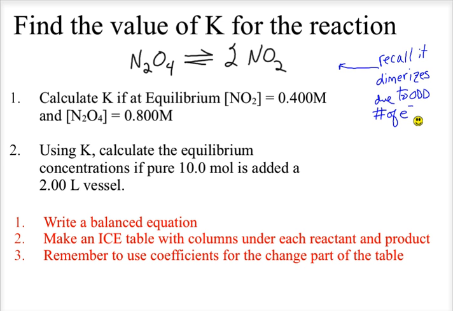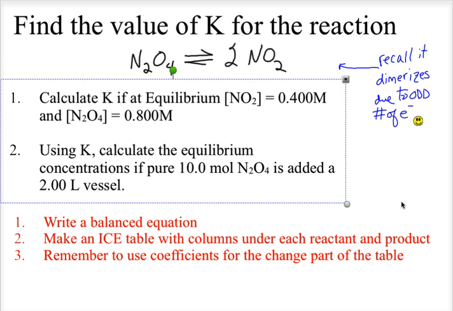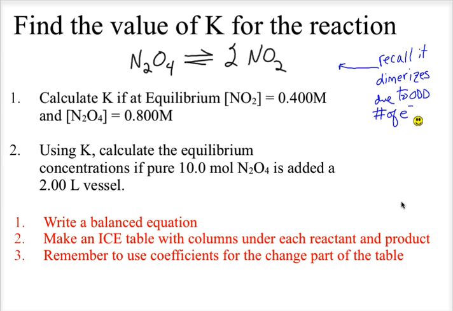All right, now we have a new problem. This problem is an example of calculating K from equilibrium data. Since it's an equilibrium constant, it means that if you know the equilibrium concentrations, you can actually calculate the numerical value of K. Once the value of K has been determined, you can use the information presented in problem 2 to calculate the equilibrium concentrations of N2O4 and NO2 when you start the reaction with pure N2O4.